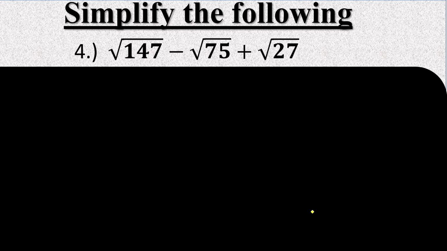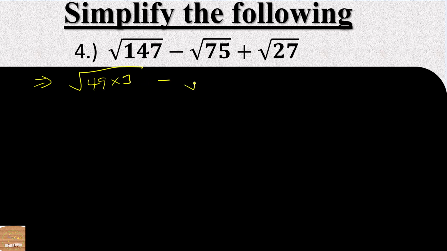Now we are conversant with 75 and 27. Now let's divide this one by 3. Let's see, so 147 divided by 3 will give us 49, and 49 is a perfect square, so it means it will work for all. So 49 times 3.